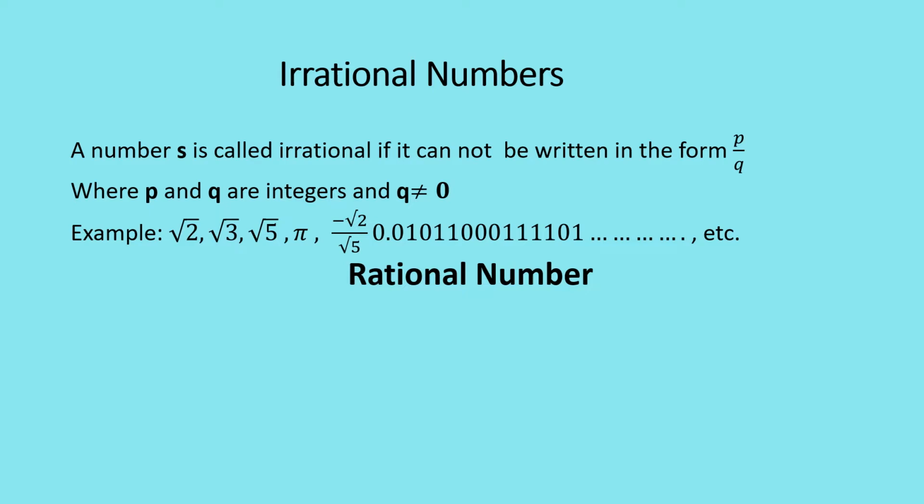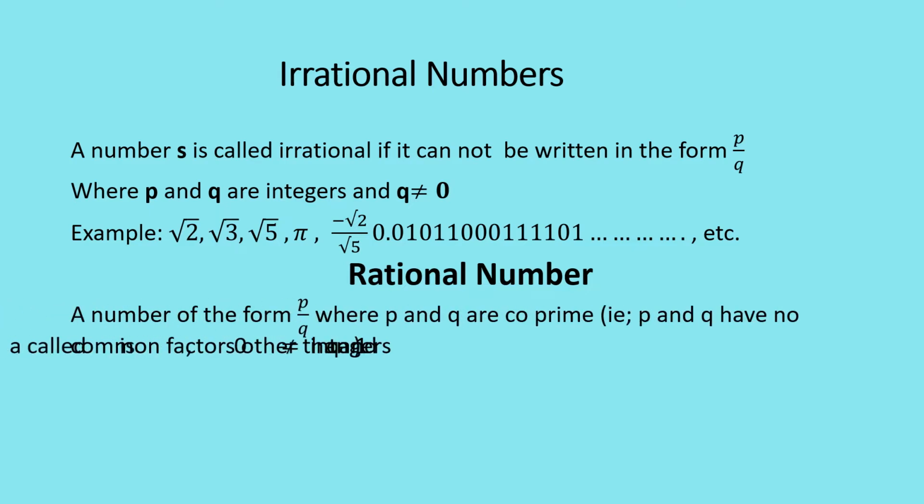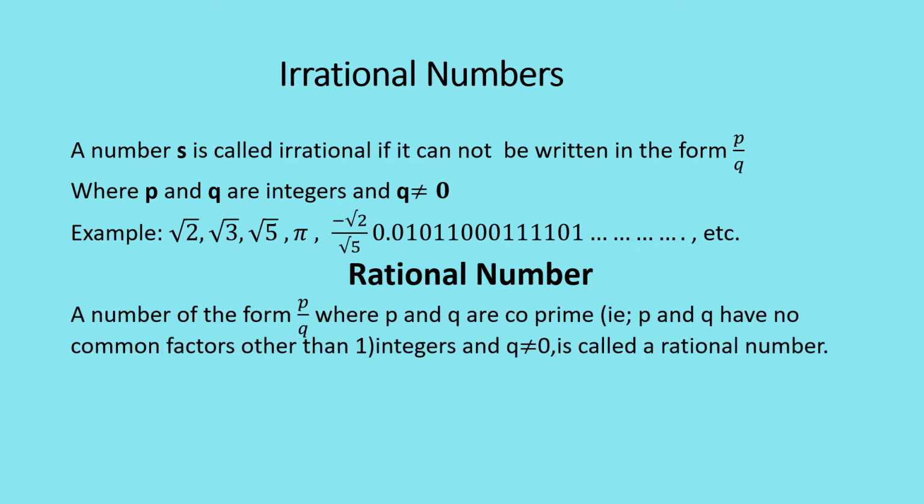Then moving to rational number, a number of the form p upon q where p and q are coprime integers and q not equal to 0 is called a rational number. Coprime means the two numbers are not having any common factor other than 1. For example, all the integers, that is minus 2, 8, 0, root 4. Why is root 4 rational?